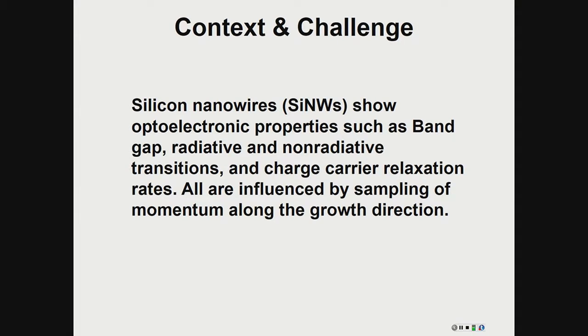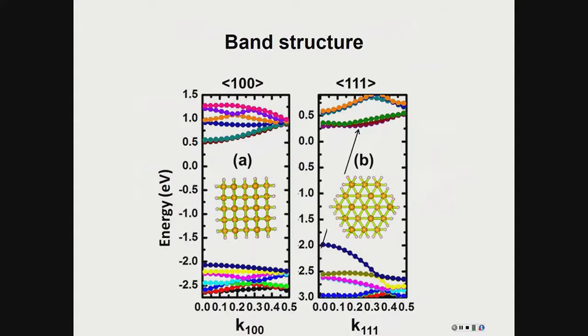So we know silicon nanowires exhibit optoelectric properties like band gap, radiative and non-radiative transitions, and charge carrier relaxation rates, and all of them are dependent on momentum dispersion along the crystal cross direction. Here is the band structure. The reason I showed this band structure is that I'll consider only 4 K points.